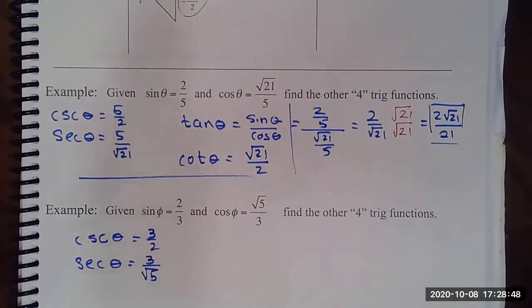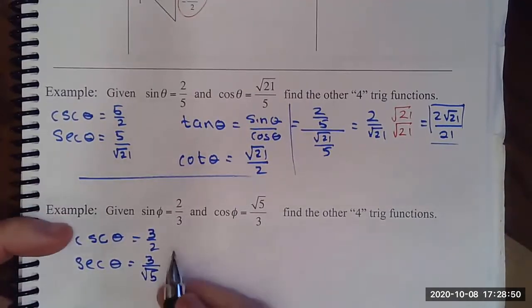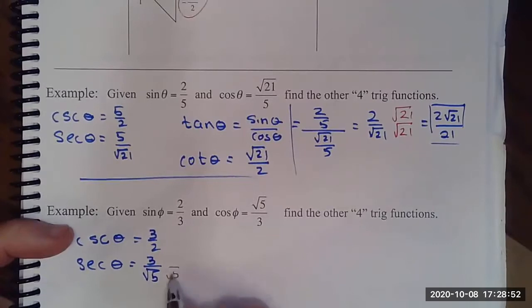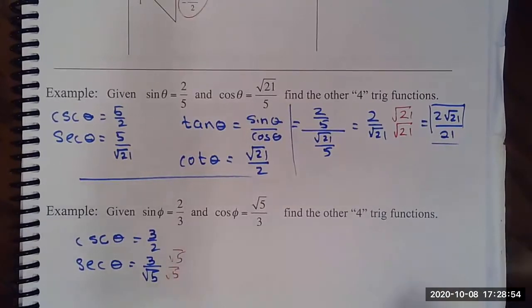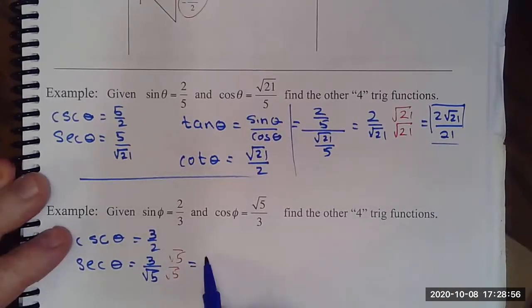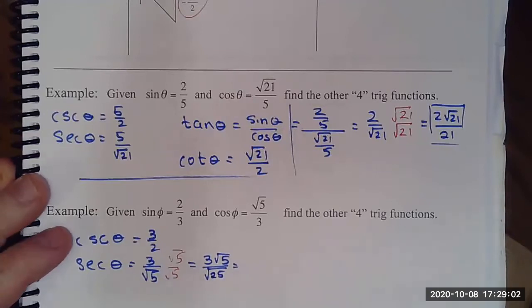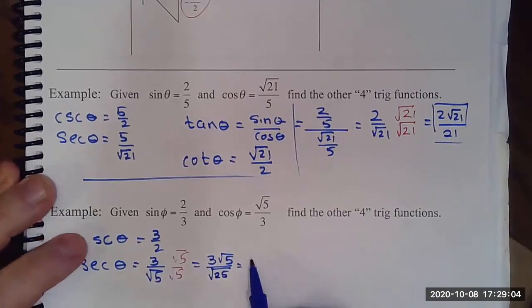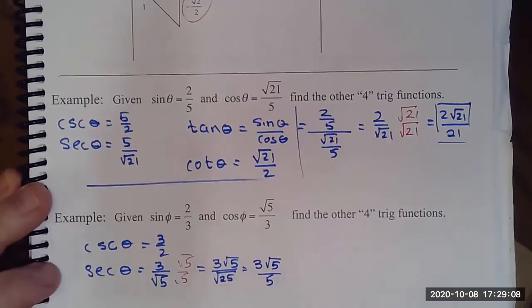So if I wanted to rationalize that denominator, multiply by root 5. So that gives me 3 root 5 over root 25. Oh, but the square root of 25 is 5. So 3 root 5 over 5.